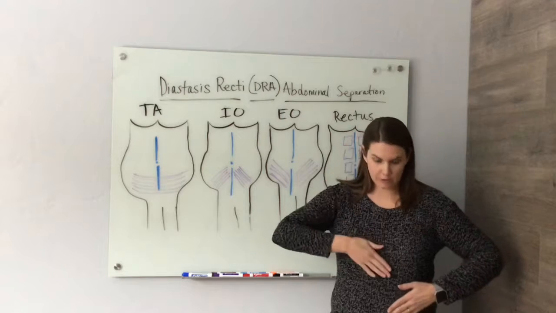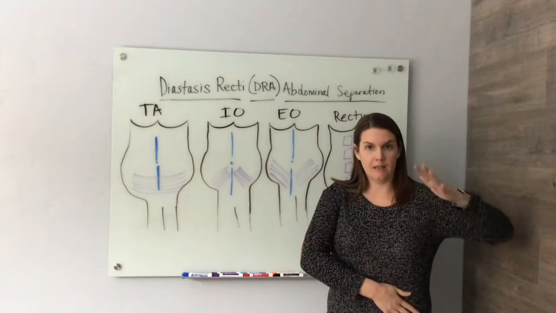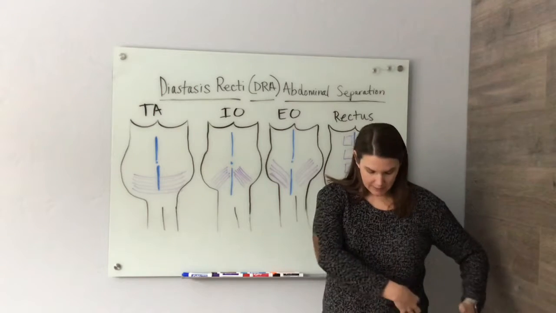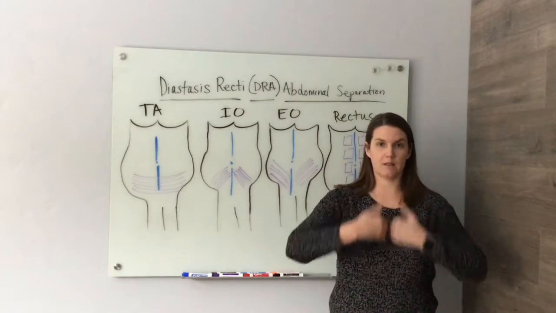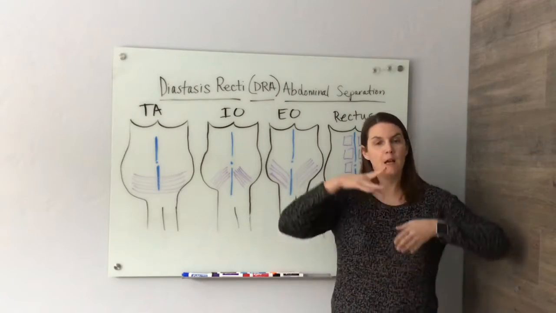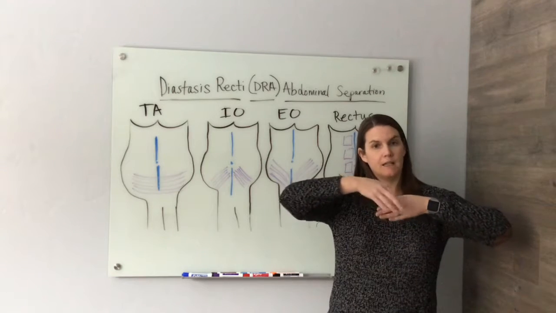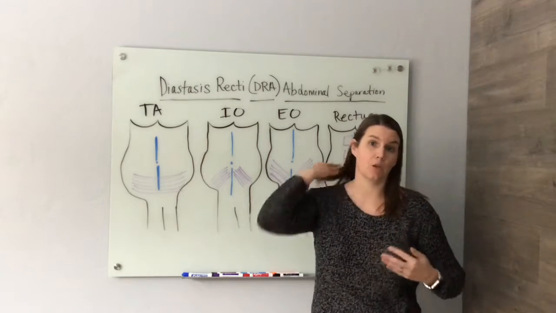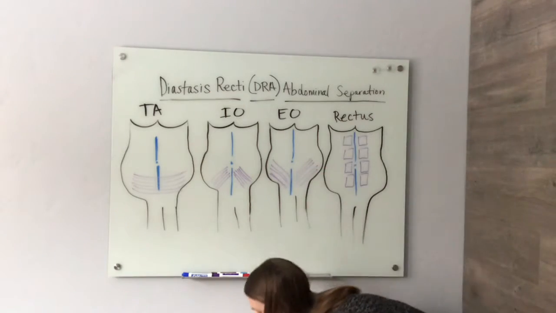So this is my internal oblique here, and my external oblique is here on top. Okay, so you can see that they both still attach to that center line, that linea alba, but the way that they are facing means that they pull in a different direction, depending on which muscle is turned on.